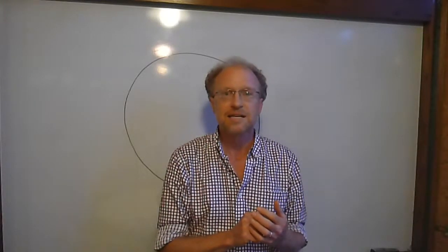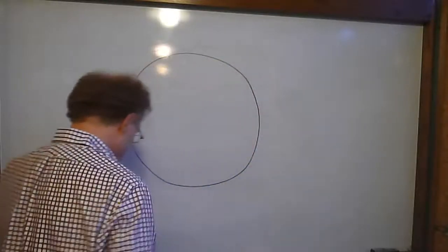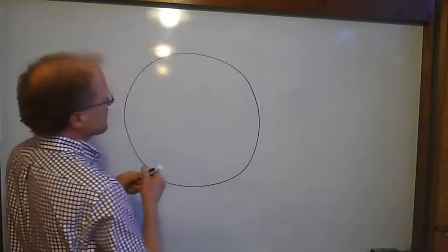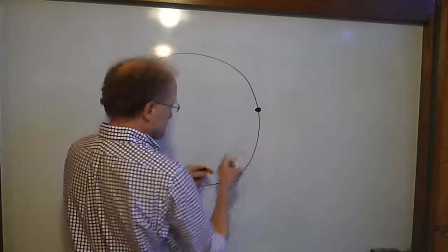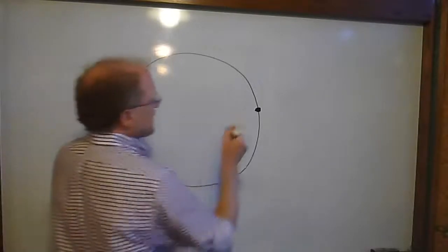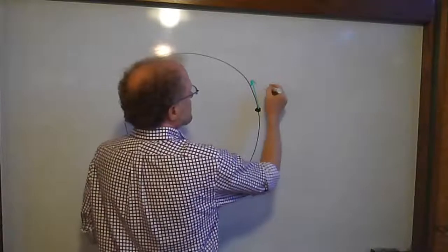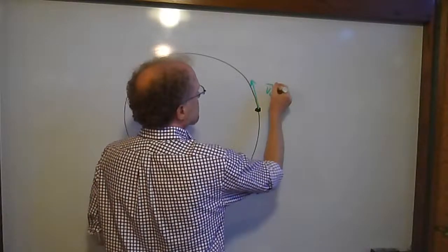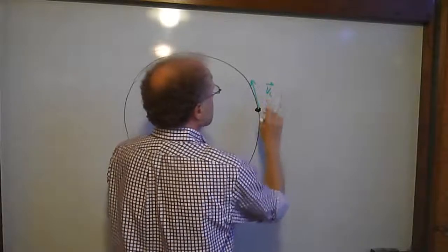Centripetal means center-seeking. So for instance, if we've got our eraser moving in a circle, let's say the eraser is right there at this initial time, and it's got a velocity in this direction. Here's my initial velocity vector, and that's an i for initial.